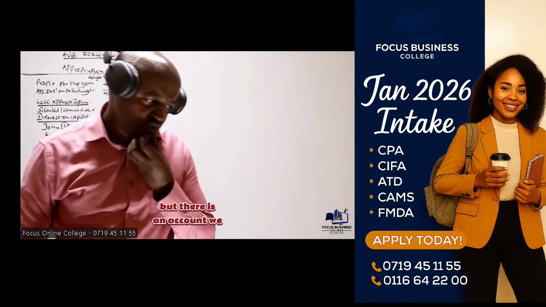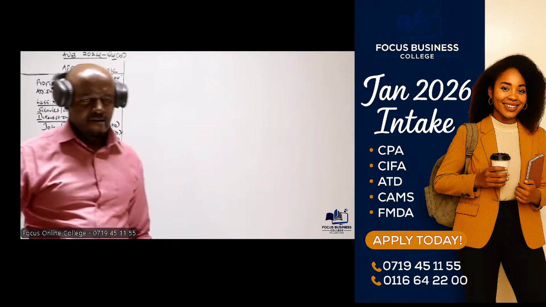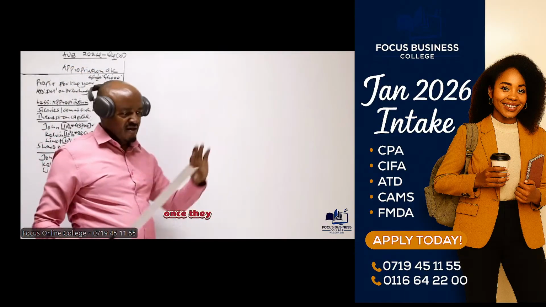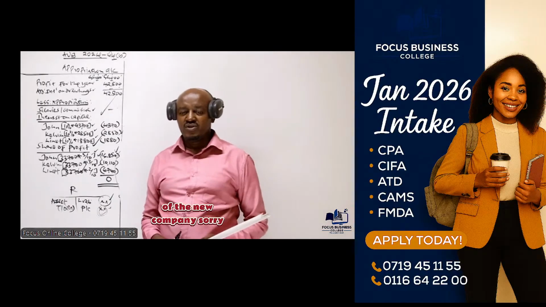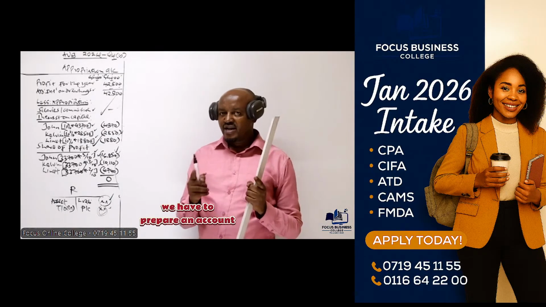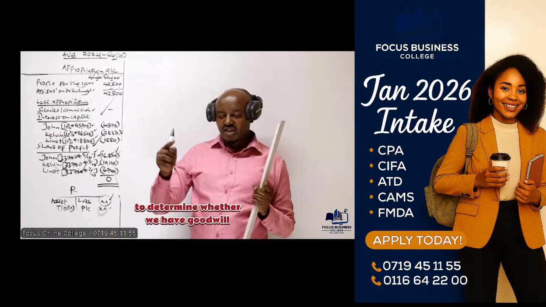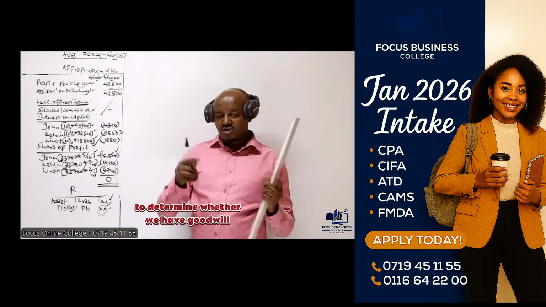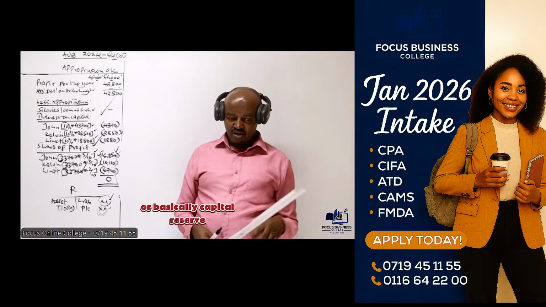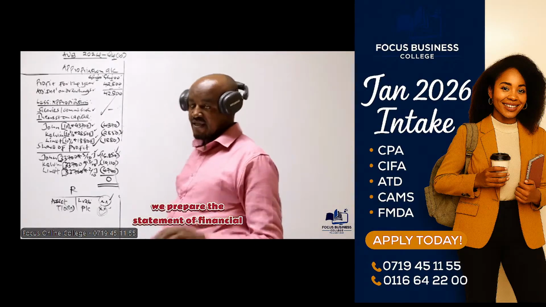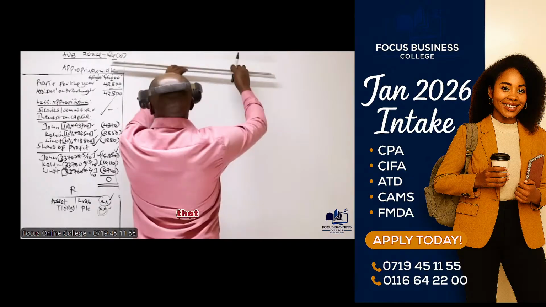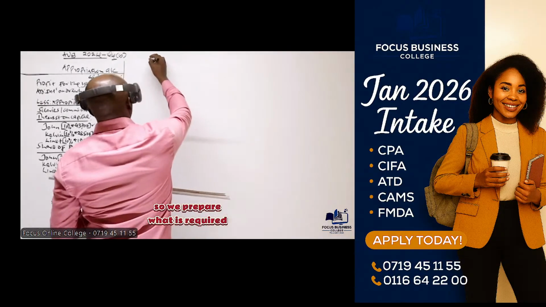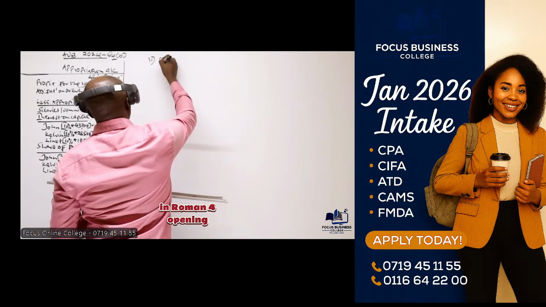But there is an account we need to prepare. Remember what we have said. When opening the books of account of the new company, we have to prepare an account called the business purchase account to determine whether we have goodwill or capital reserve. But let's first prepare the statement of financial position. I will show you how to prepare that. So we prepare what is required in Roman 4.